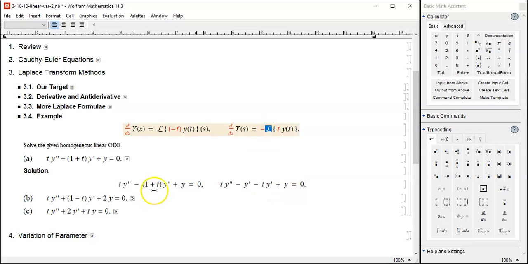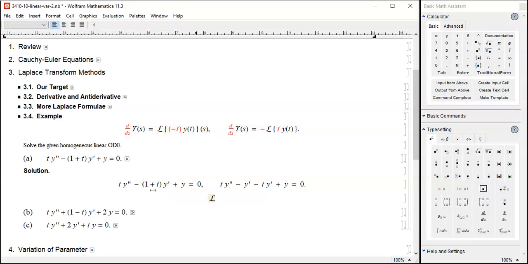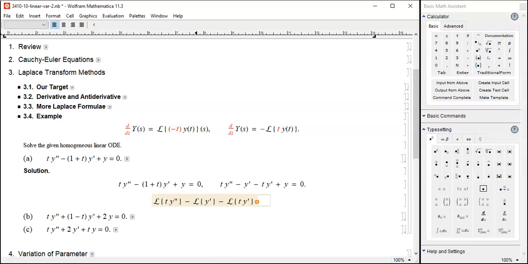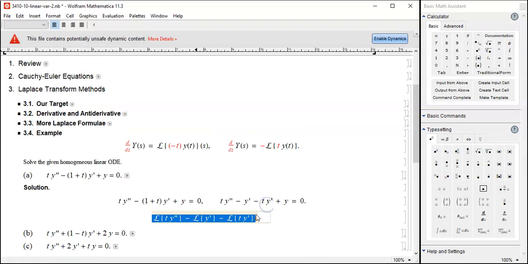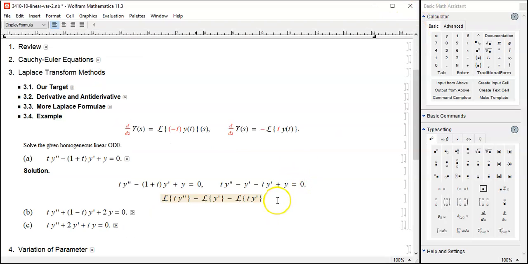Okay, alright. I broke up, so let's take a Laplace transform. The Laplace transform of t y double prime minus the Laplace transform of y prime minus the Laplace transform of t y prime plus, sorry about that, wrong key, okay, alright. Did I get everything here?